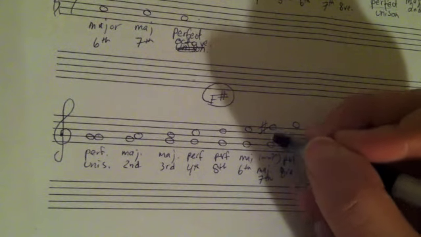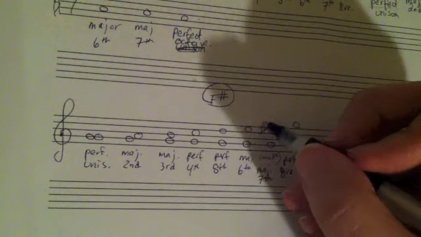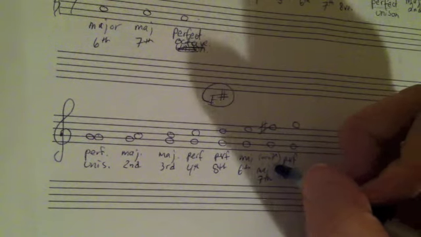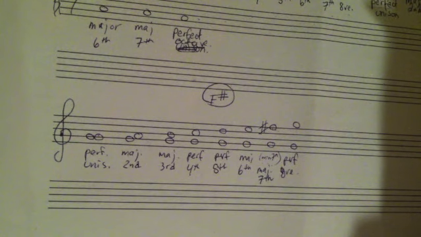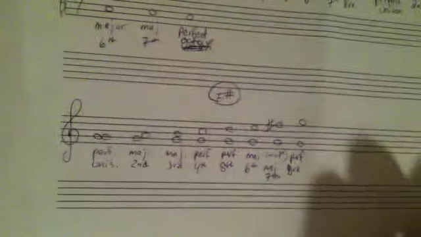It's a major seventh because it has the accidental of that major scale. If it didn't have it, it would be a minor seventh. You follow? We're only going to worry about major intervals right now. That's just a little bit of something to give you more context for the major scales.